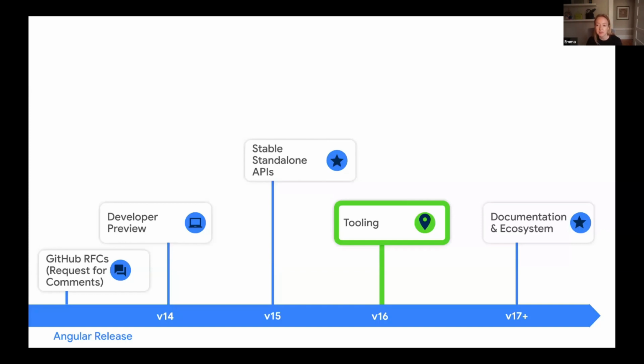And we're still working on implementing the best tooling available. So as you noticed, ng-new in version 16 is not standalone by default, but that's maybe something we'd move to in the future as we continue to, again, evolve the ecosystem, document, and make sure that there's full support for this in the future.